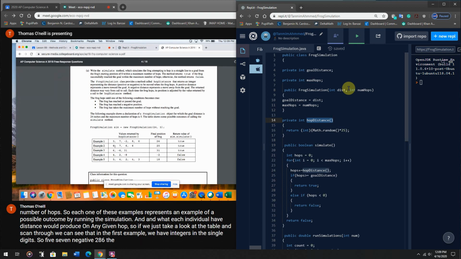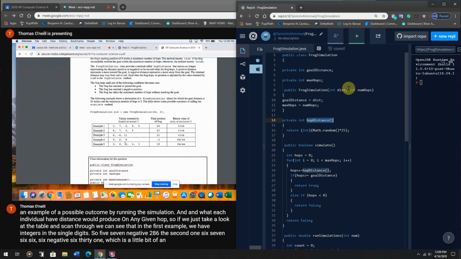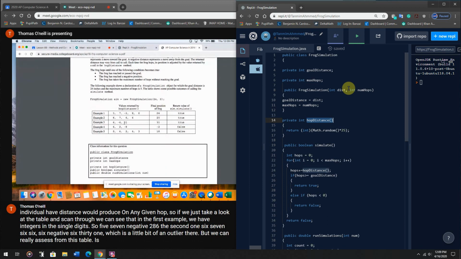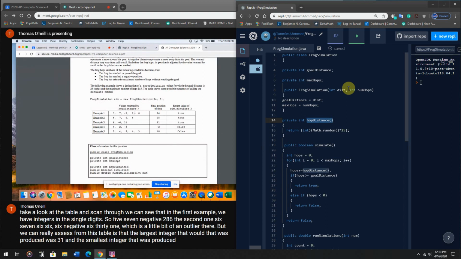The second one, 6, 7, 6, 6, 6, -6, 31, which is a little bit of an outlier there. But what we can really assess from this table is that the largest integer that was produced was 31, and the smallest integer that was produced was -8.